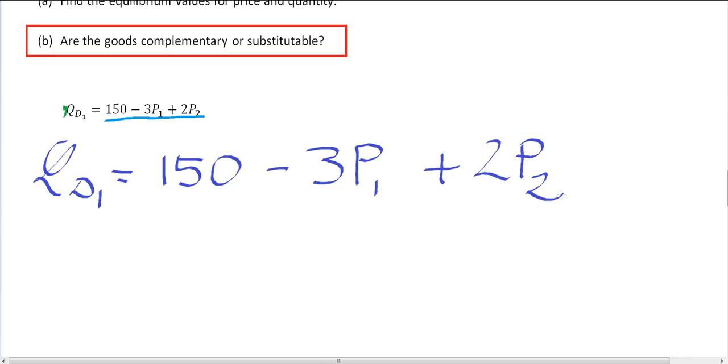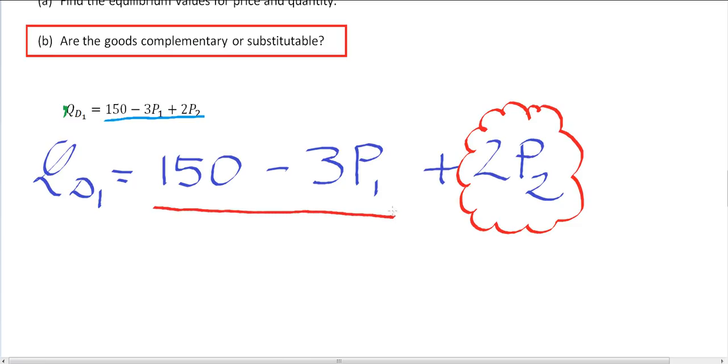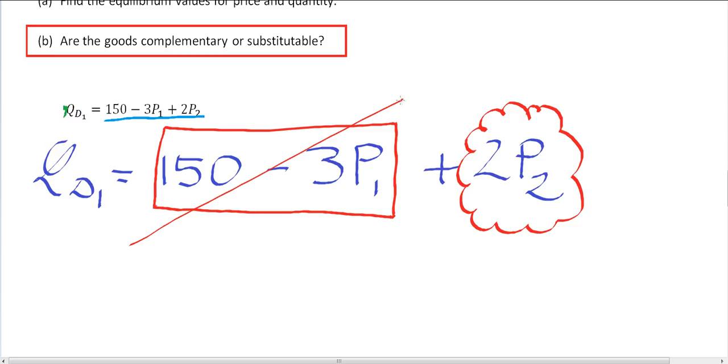Now this is for good 1. I only want to know what happens to this equation when the price of the other good, the P2, changes. So the only term in this equation I am concerned with is this term here. I don't care about these terms here, because I only want to know what happens as P2 changes.